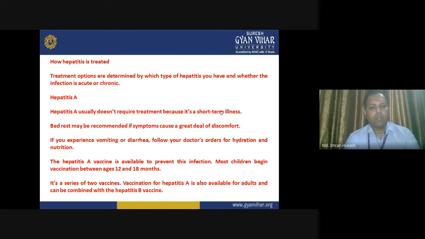Most children begin vaccination between ages 12 and 18 months. It's a series of two vaccines. Vaccination for hepatitis A is also available for adults and can be combined with the hepatitis B vaccine.